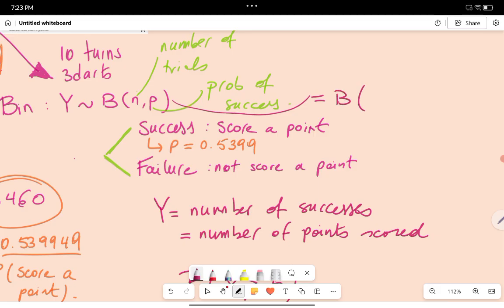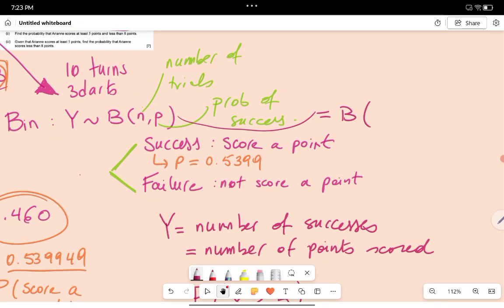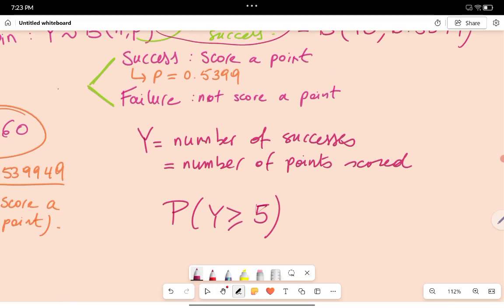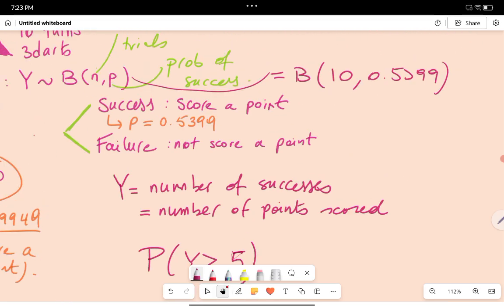What is our n? How many trials do we have? We have 10 turns. So that is 10. And what is the probability of success? That is 0.5399. So our y is binomially distributed with this n and p.